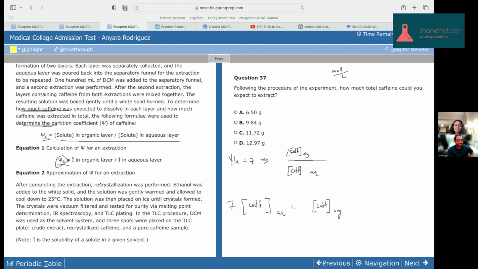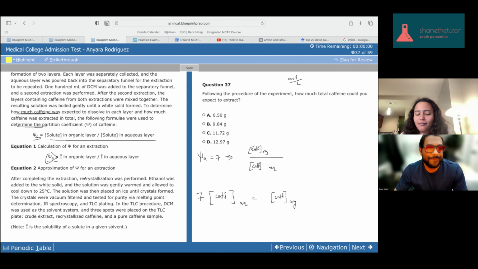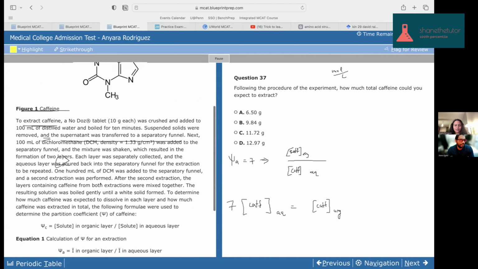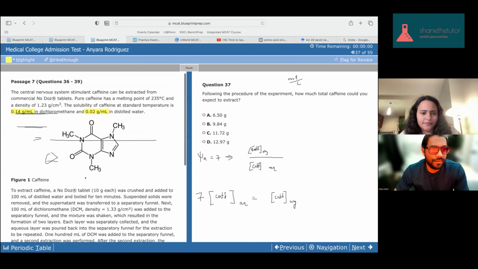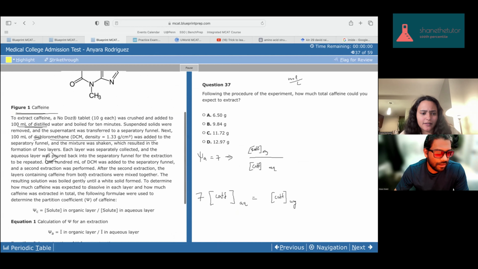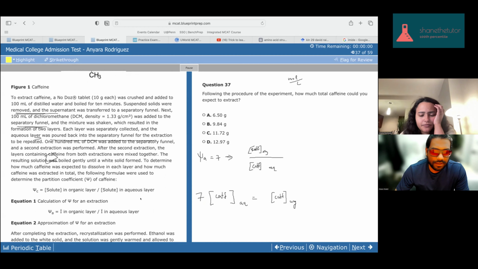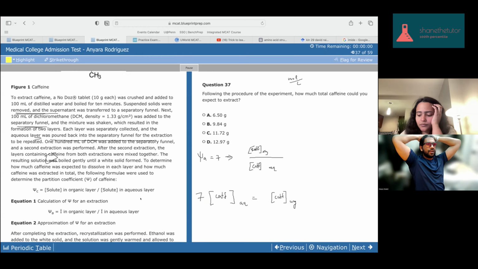I understand why you're equating it, and we have 100 mLs, right? But we don't have any mole value, do we? We don't know how much caffeine there is. So let's see, a no-dose tablet is 10 grams.